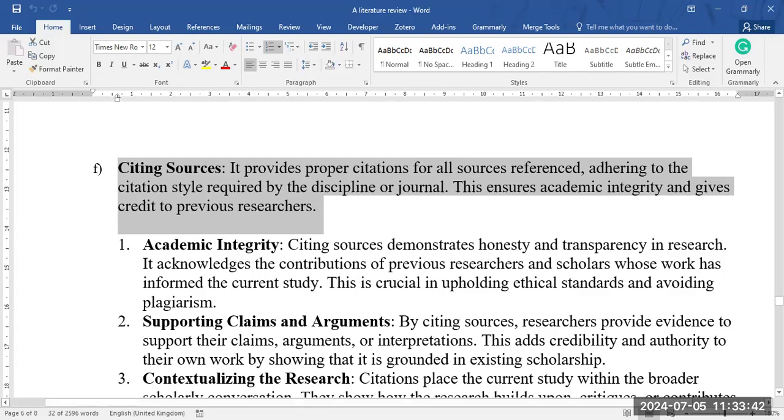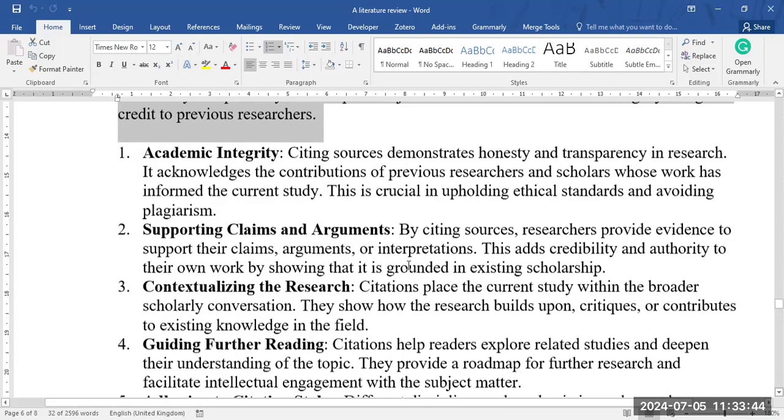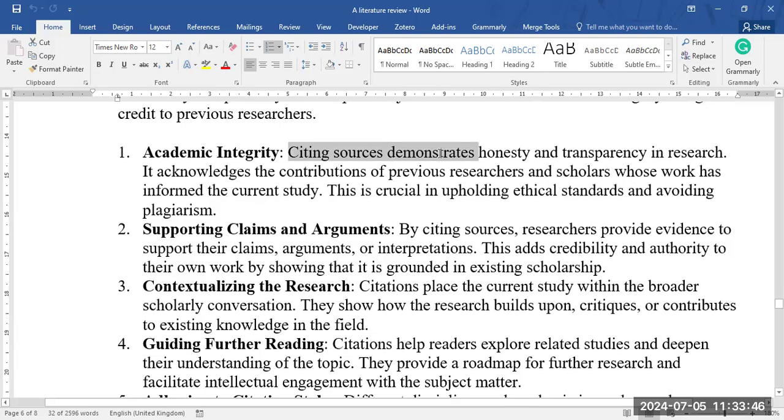Academic integrity means citing sources demonstrates honesty and transparency in research, because the previous researchers put in hard work to identify or create some knowledge. Copying that into your work without giving credit and claiming it is your own work is not the ethical way.